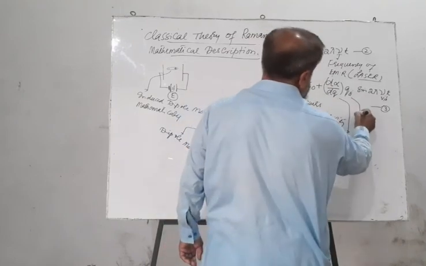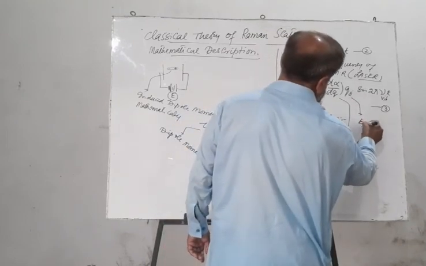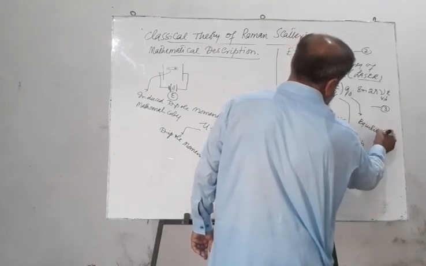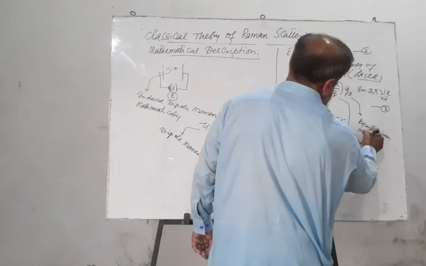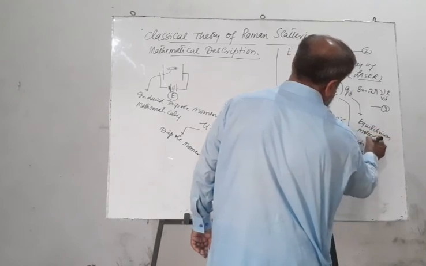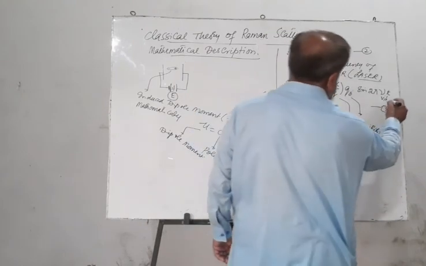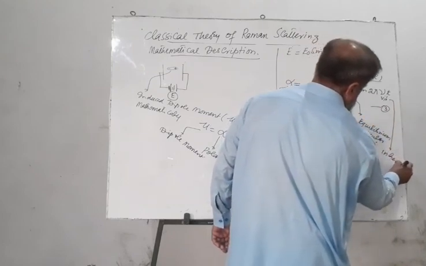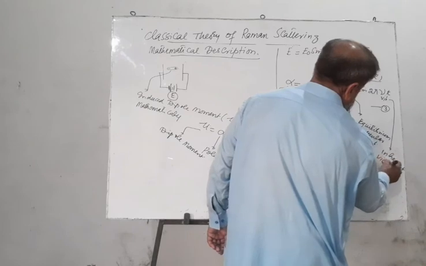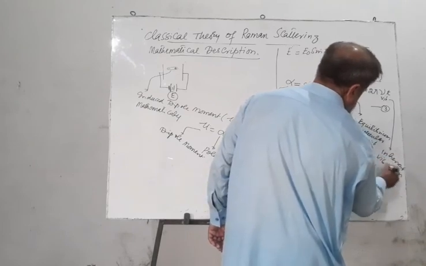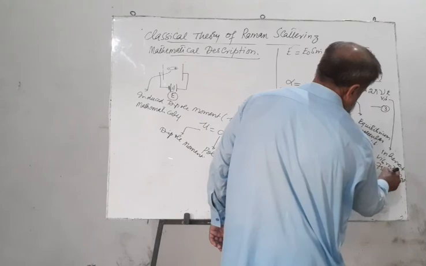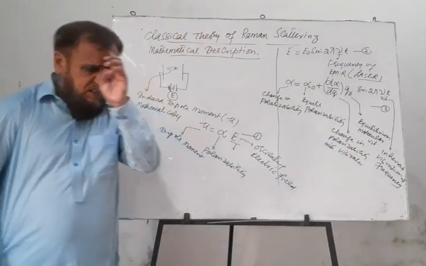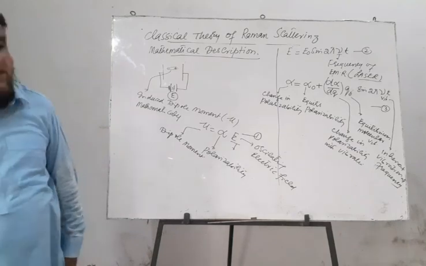Q naught is the equilibrium molecular vibration, and nu vibration is the inherent vibrational frequency. Inherent vibrational frequency means the frequency which was originally possessed by the molecules.